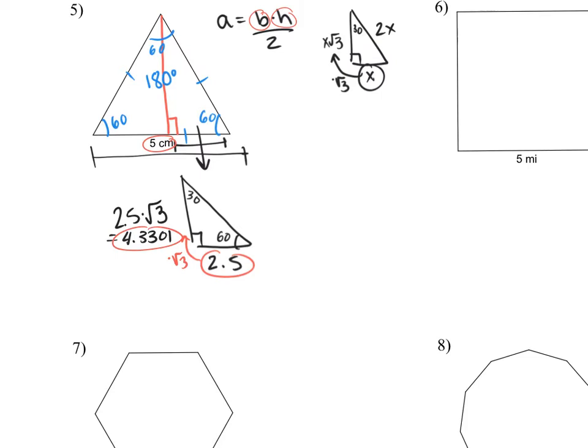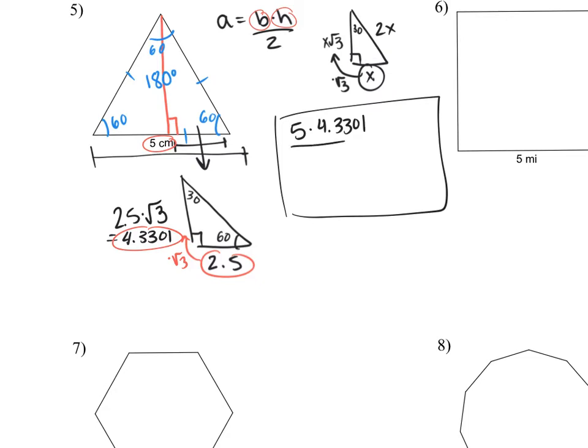To find the area, we do the base length of 5 times the height, 4.3301, and divide that by 2. With the number still on my calculator, I times by 5 and then divide by 2, and I get an area of about 10.8 when I round to the nearest tenth. This is in centimeters squared, and there you have it.